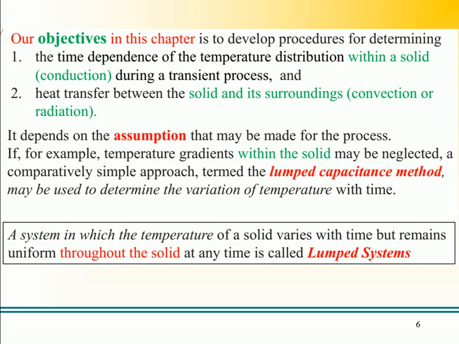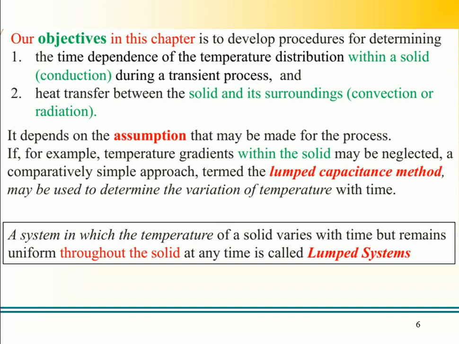The assumption we make for this purpose is, for example, that the temperature gradient within the solid may be neglected. This is one of the very simple approaches: the rate of change of temperature within the solid we consider neglected. Of course, there is a certain gradient of temperature, but we assume that it is almost constant.